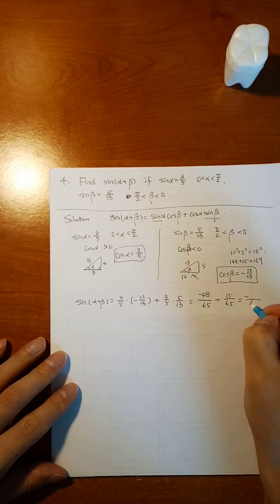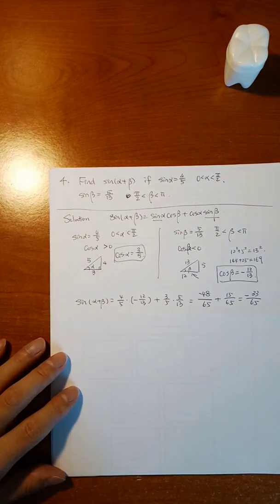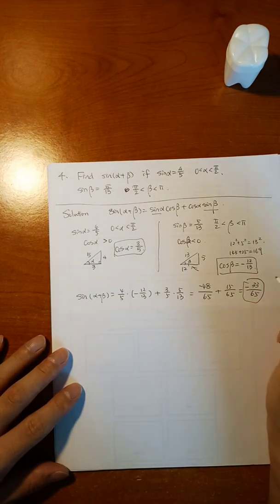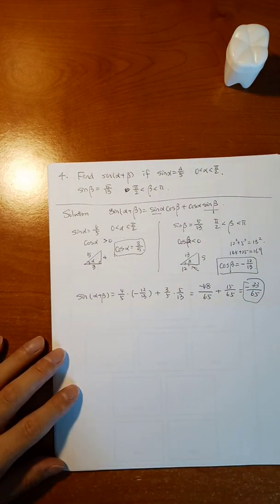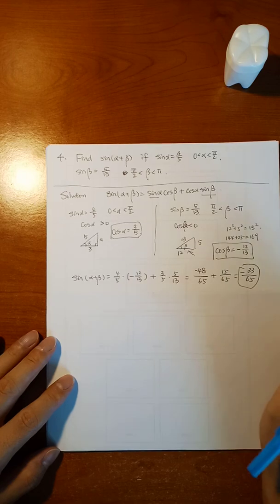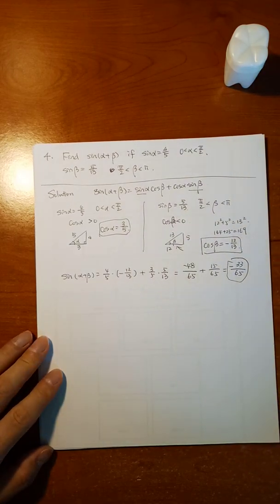So it's negative, what's this? It's 33, negative 33/65. Well, assume I do it correctly. All right? Yes, that's right. So this is problem 4.